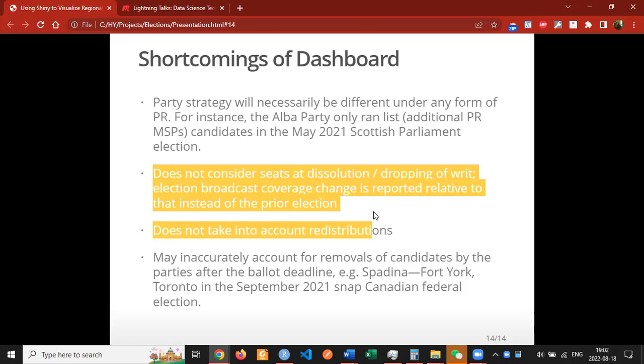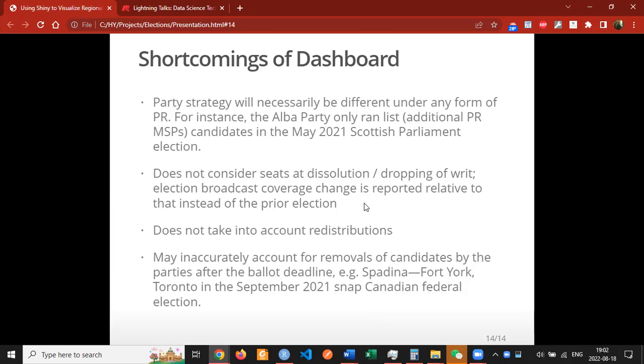This second bullet point would have been more relevant if I had introduced another metric, which was change from the last election.